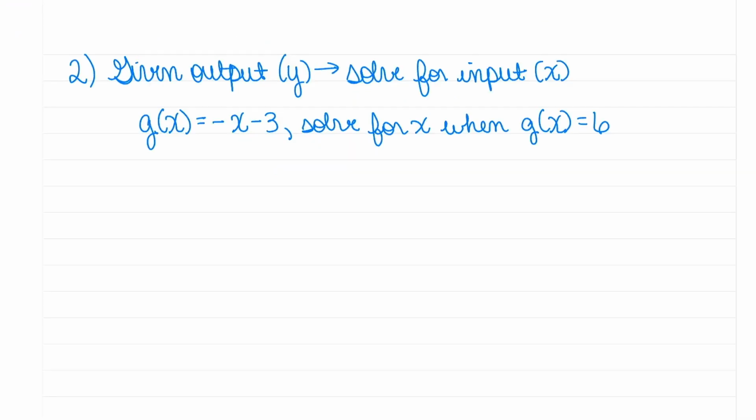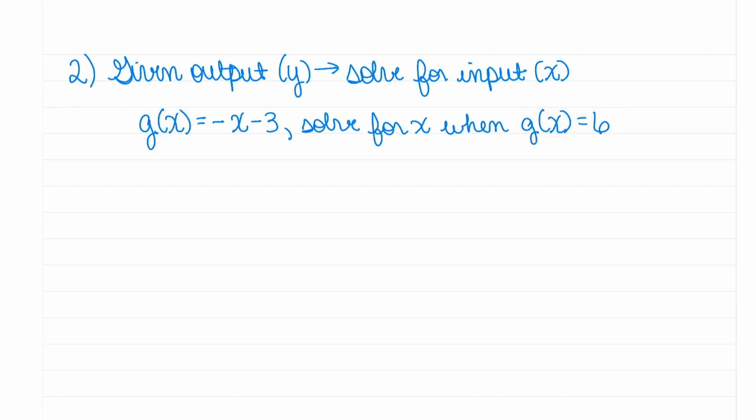Okay, now let's address the second thing here. What about when we are given an output and we need to solve for an input? So in the last examples, we were given the x value where we replaced all of these values with the number that we were given. Well, you'll notice here that now we are given the function equal to something.